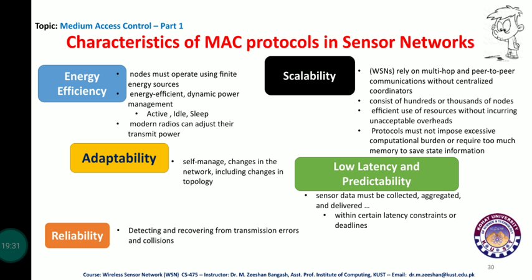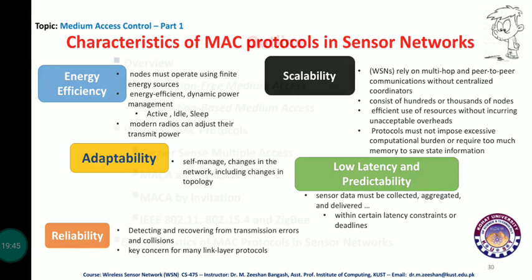Lastly, regarding reliability, the network should detect errors and recover from transmission errors and collisions. These are some of the main concerns of link layer protocols.